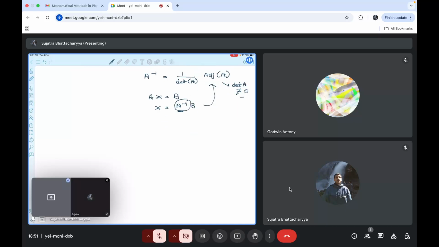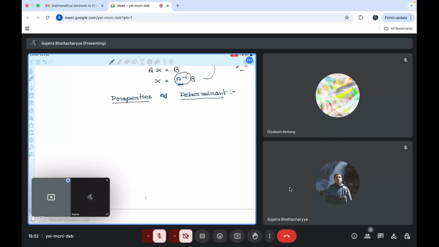Let's jot down the properties of the determinants and let's do a question on them. Sometimes if you use the properties of the determinant, it is easier to calculate.